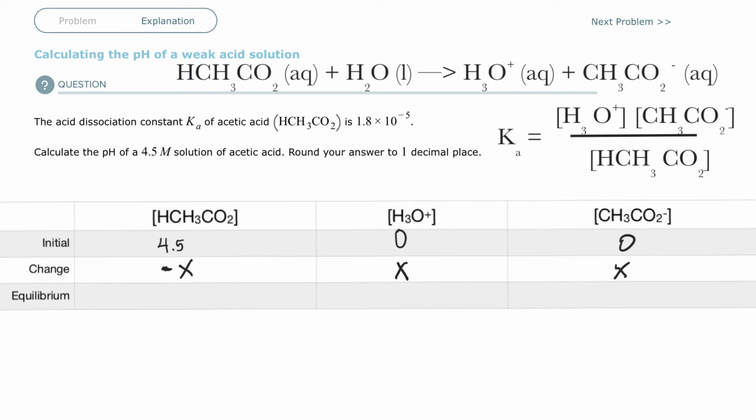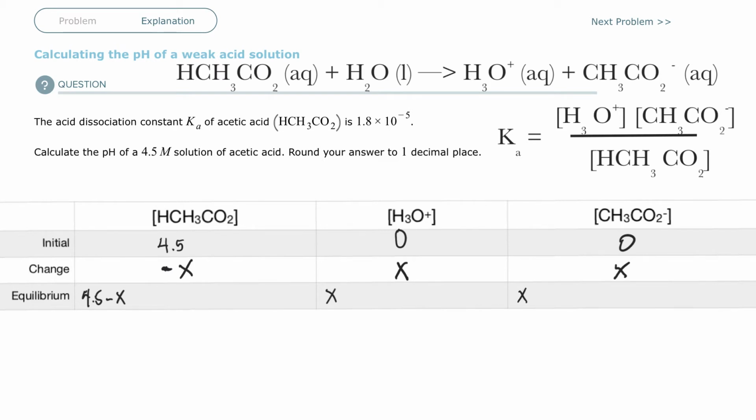So far, so good. Now you're going to add it together. So this will be 4.5 minus X. This will be X, and this will be X. Okay, so far, so good.